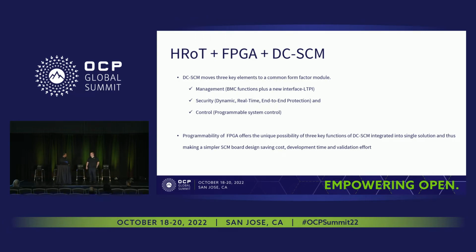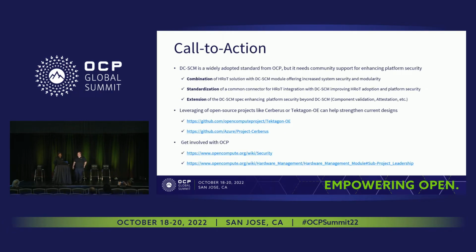So the next slide is the call to action. If we flip over to the call to action, DCSCM is a widely adopted standard within OCP, but we need some community enhancements. Do you want to talk about the first one? Sure.